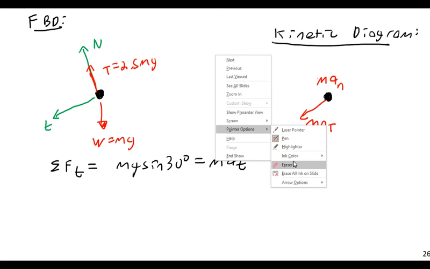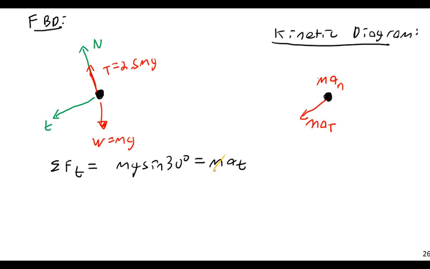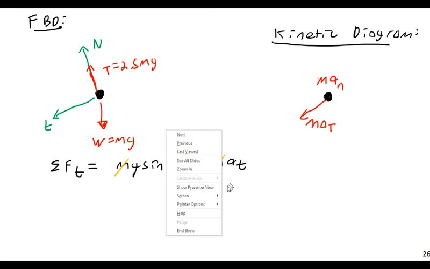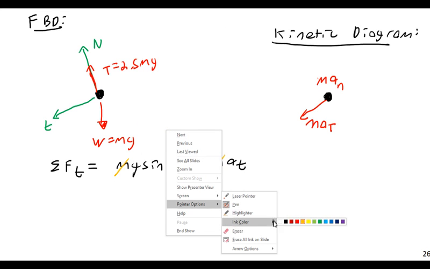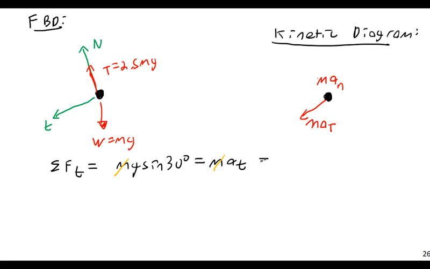This is why they didn't give us the mass, because it's going to cancel out. So a_t equals g sine 30 degrees, and that equals 1/2 times g, or simply 4.9 meters per second squared.